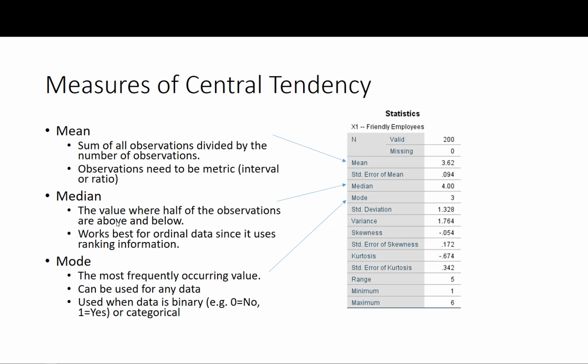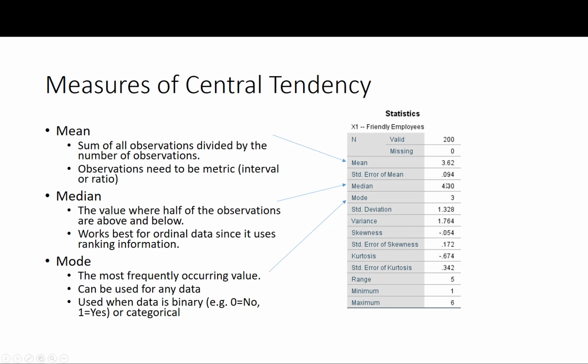So median works best for ordinal data, but it also is used for ranking data, and often you'll hear the median referred to in cases such as house prices, where you might not have that many observations and you might have a large difference between your upper and lower end data.